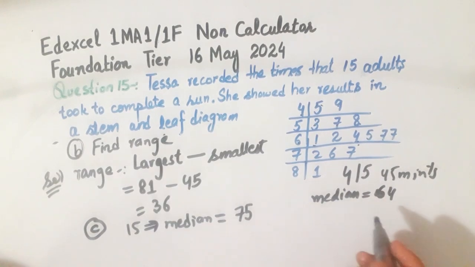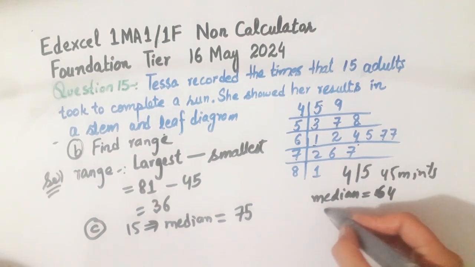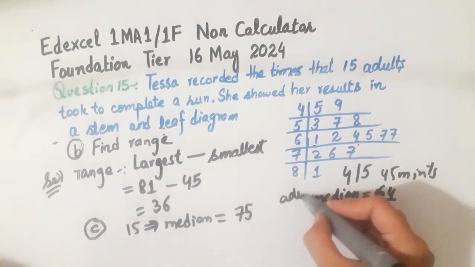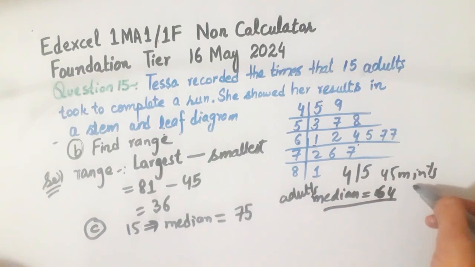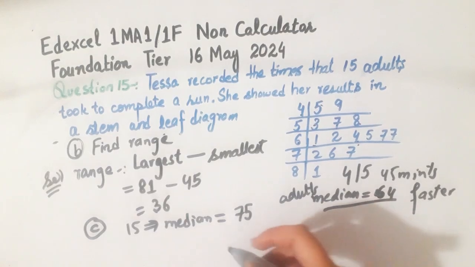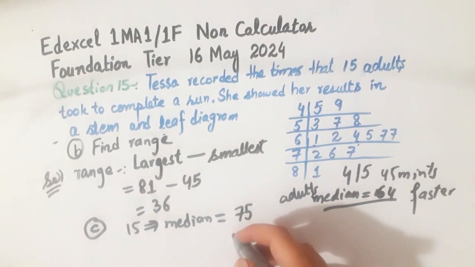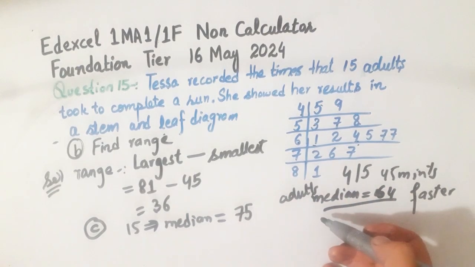So you can see that the adults were faster. The reason is that they have the smaller median, and the children have the larger median, that's why they are slower. So you will write that the adults were faster because they have a smaller median.